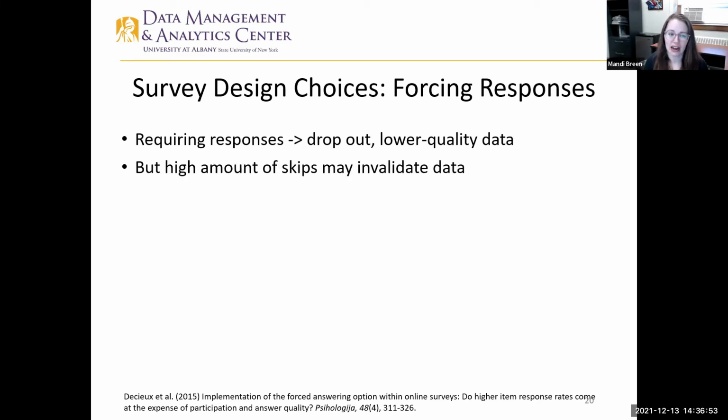But if you do let people skip all of your questions, that might invalidate your data. You might not have anything useful from that respondent because they skipped most of your most important questions. So it's really a balancing act of what do you need out of this survey, and what can you do without when you're doing your analysis.